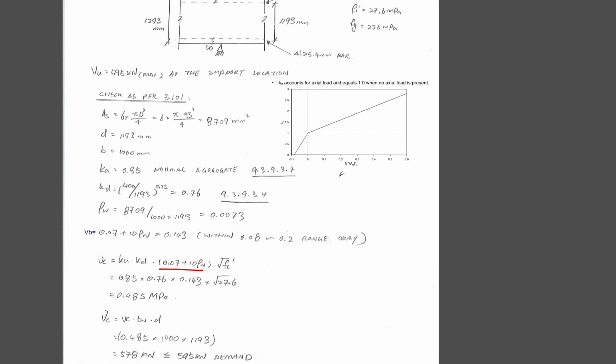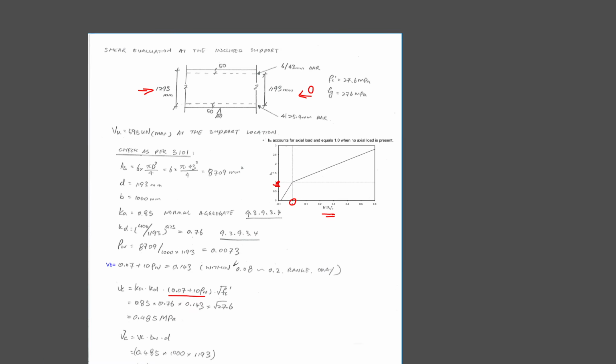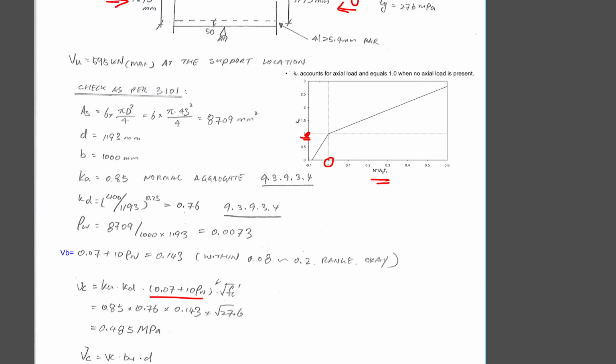We also have a Kn factor that accounts for any axial loads, for example pre-stressing loads or axial loads, but in this case we have 0, so Kn instantly becomes 1.